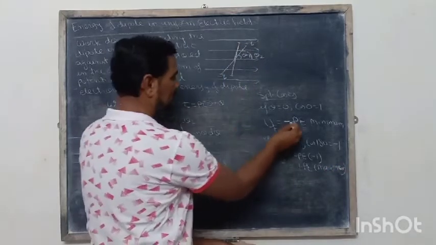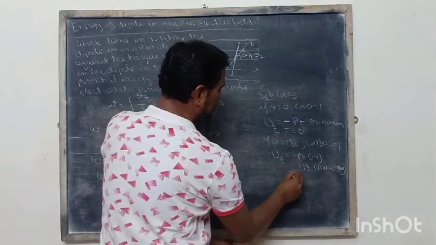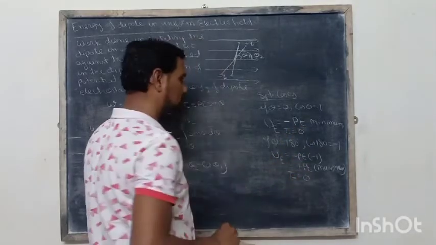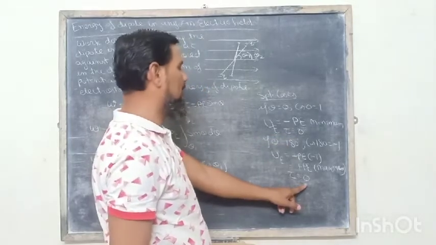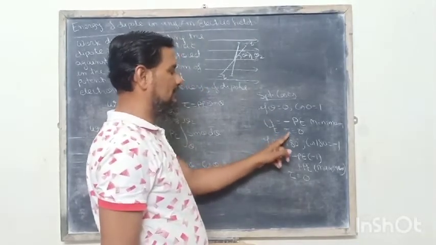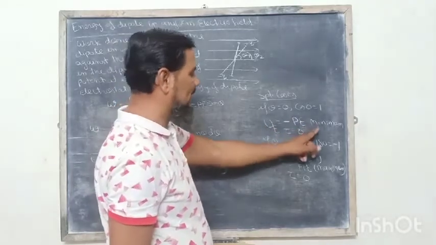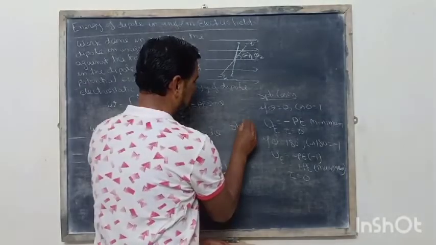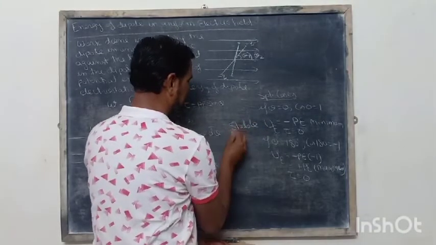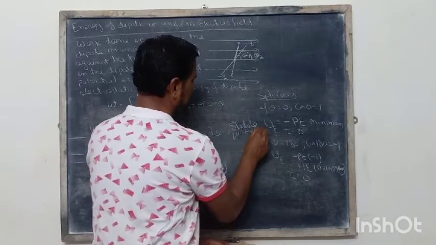Because we know that when theta is equal to 0, torque is equal to 0, which means the torque is not experienced by the dipole and potential energy is minimum. So this state is called stable equilibrium state.